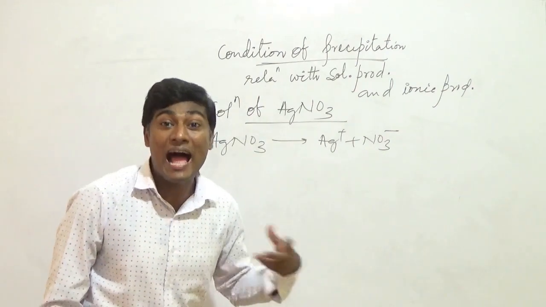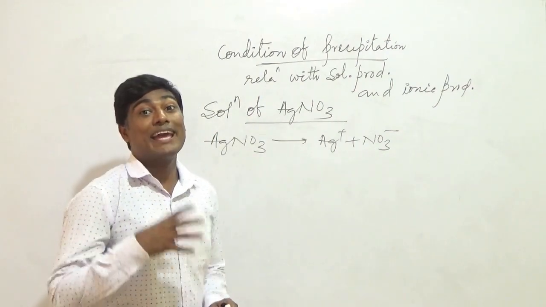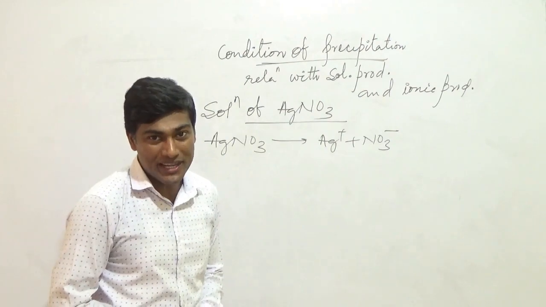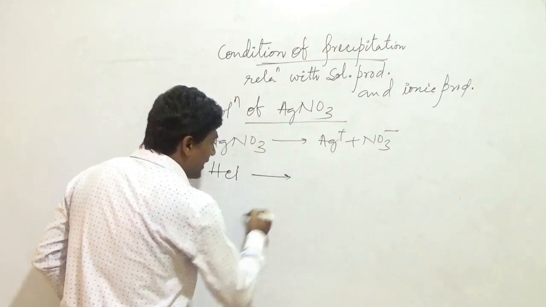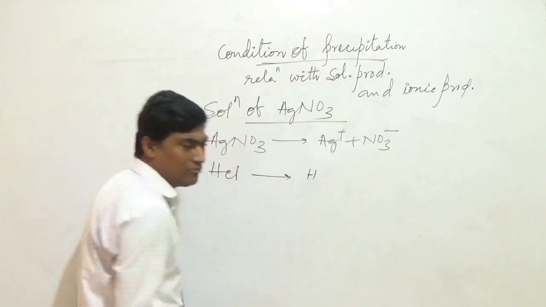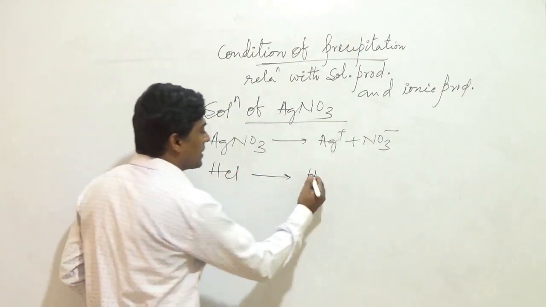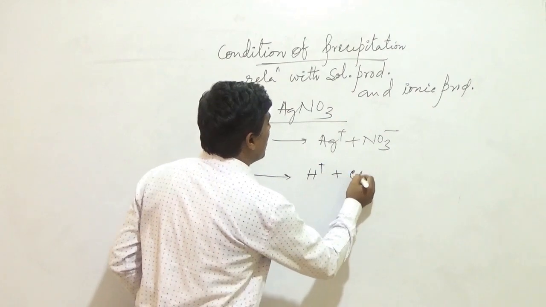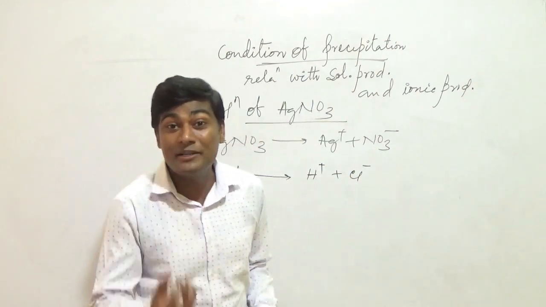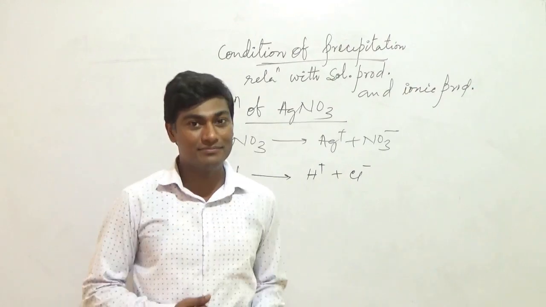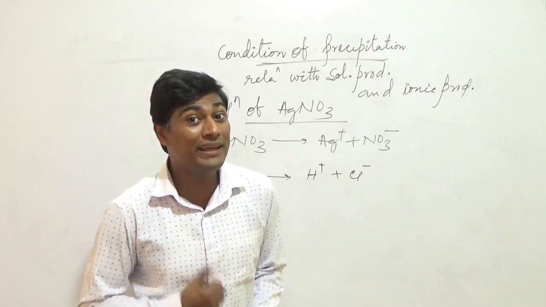Now let us add HCl, hydrochloric acid, into it. When you add H plus and Cl minus, you will notice that a white precipitate will form.